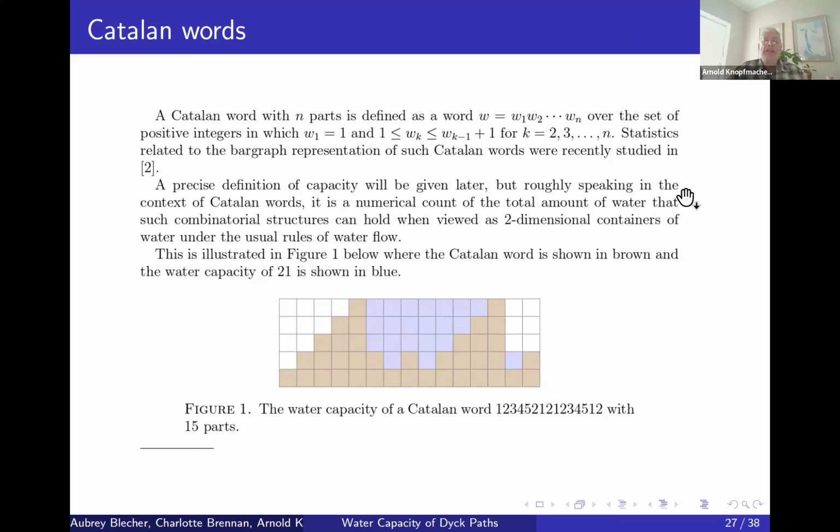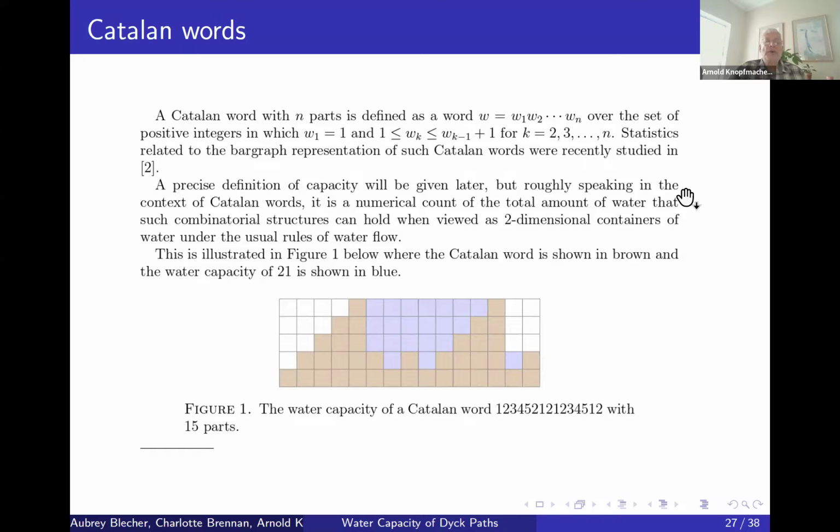And I should actually point out that when we come up with a good idea, and Aubrey's idea of water, I thought was very nice, water has also been studied by some other people like Toufik Mansour, who you might know if you work at all in enumerative combinatorics. So what is a Catalan word? Well, it's a word with an extra restriction.